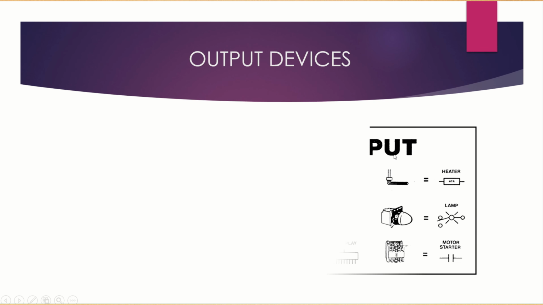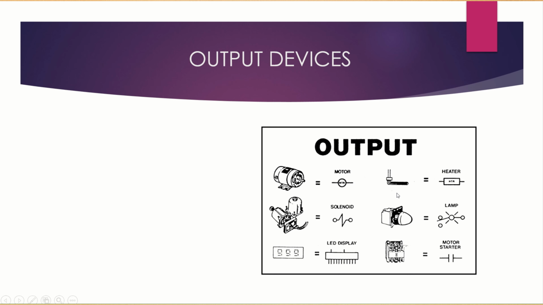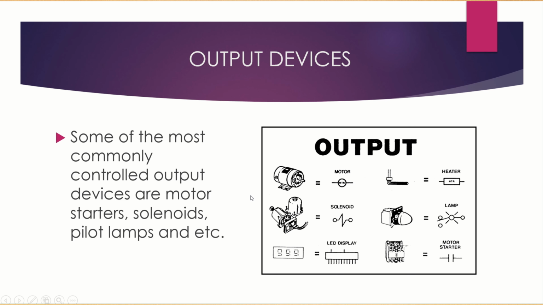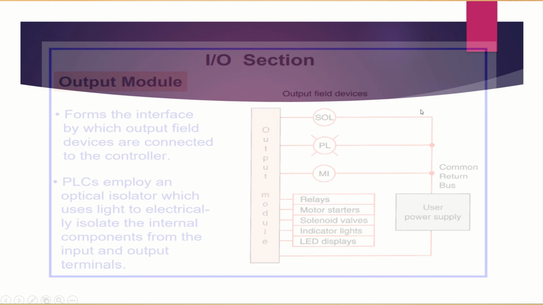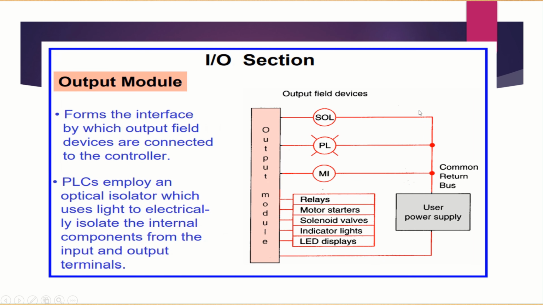Now, we have the output devices, samples of which are motors, solenoids, pilot lamps, and etc. Now, the output devices are wired from the output module.